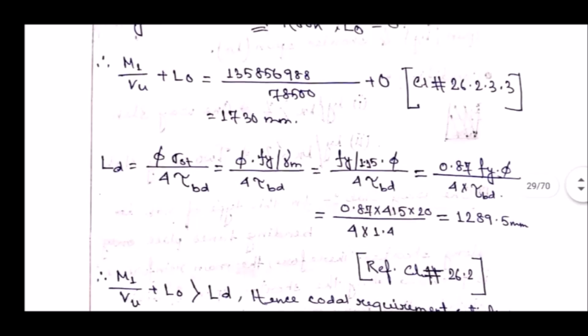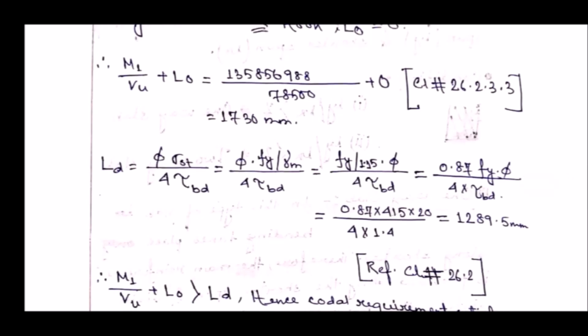So now the equation we have seen in IS code, M1 by V plus L0, if we put the values, that is equals to 1730 mm, right? Now let's check the value of Ld, that is equals to, as per formula, phi into sigma s by 4 tau bd, that is phi Fy by gamma m for limit state method by 4 tau bd.